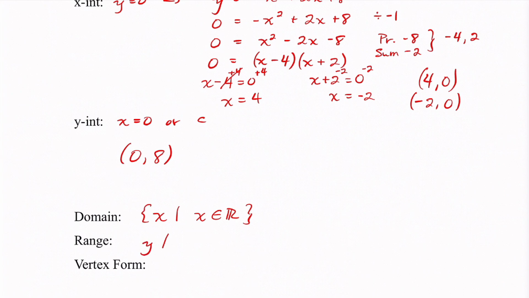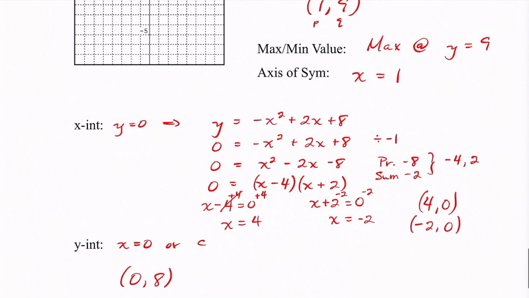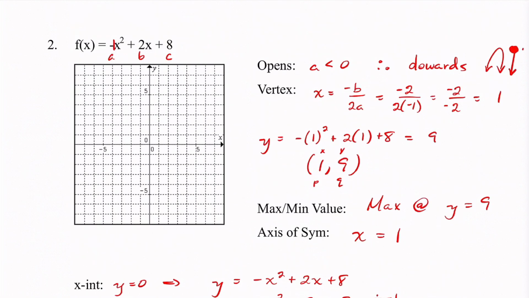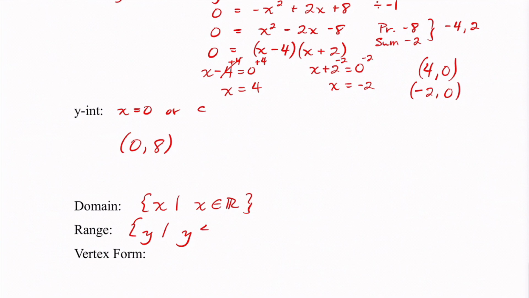Our range is y given that y had to be below this point. We had to be below whatever the max was, and that happened at 9. So we have y less than or equal to 9, and y is an element of the reals.